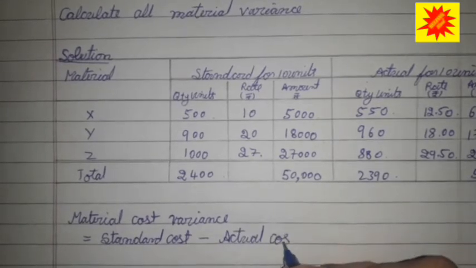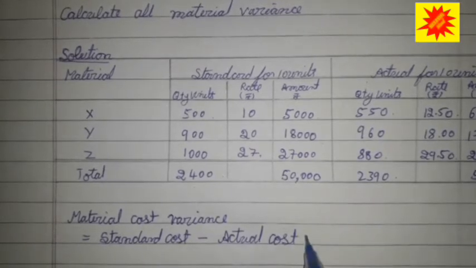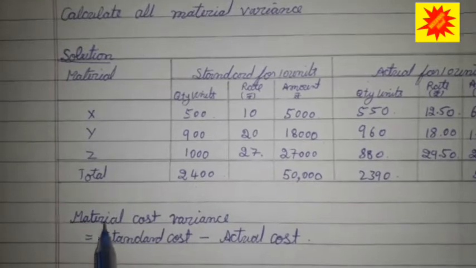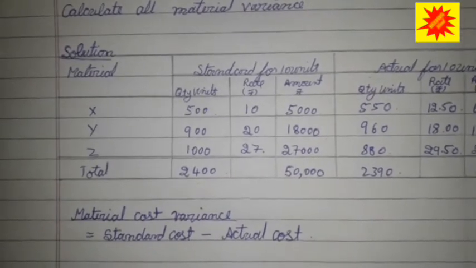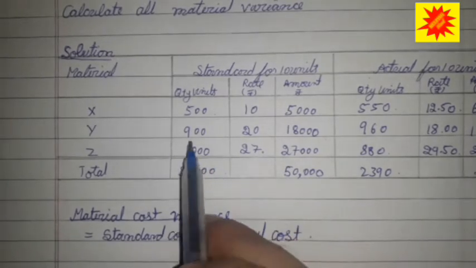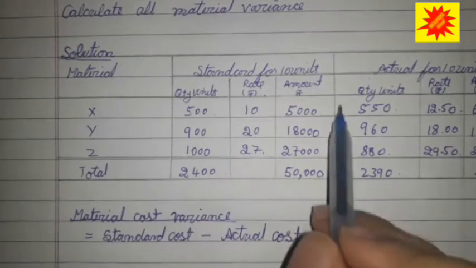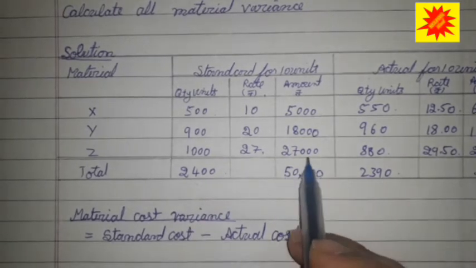When we see what was the standard cost which we had to incur and what is the actual cost which we have incurred, the difference between these two will be your material cost variance. We have seen in the previous video as well. Here our standard cost is nothing but the number of standard units into standard rate.